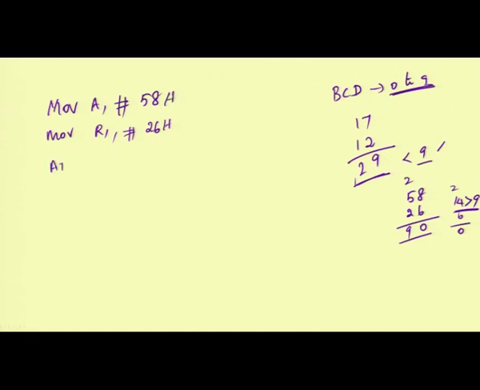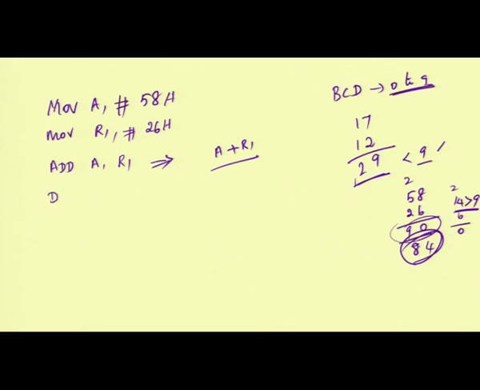Normal addition only I am using, ADD A, R1. After this addition the accumulator is added with R1, and the value is 84. It is like a normal decimal or hexadecimal addition, but actually I want only the BCD addition, right.